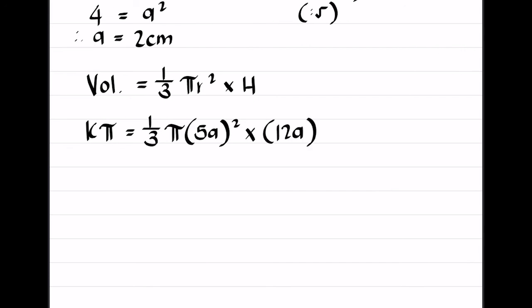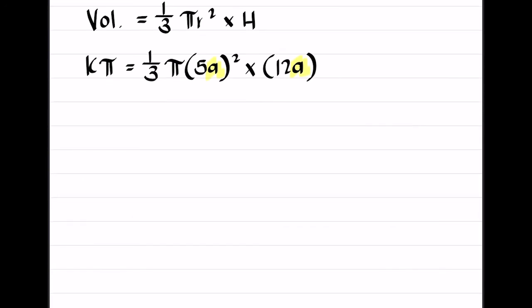You can see that in the volume formula, we have two unknowns, the k and the a. So at the end we're going to replace the a with the a value that we've determined, so that we're able to substitute the a and calculate the k.